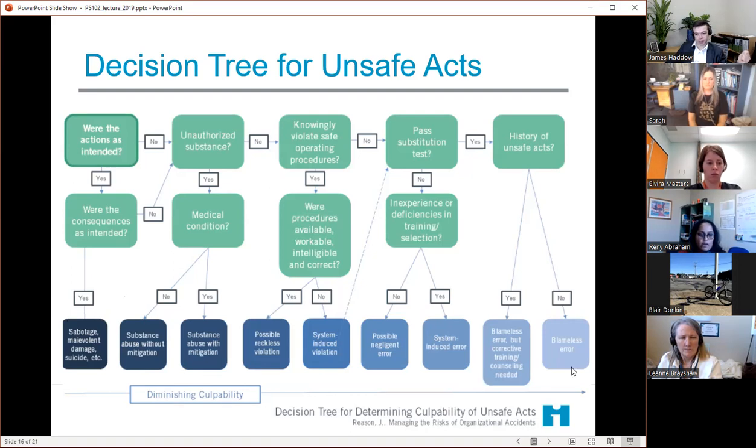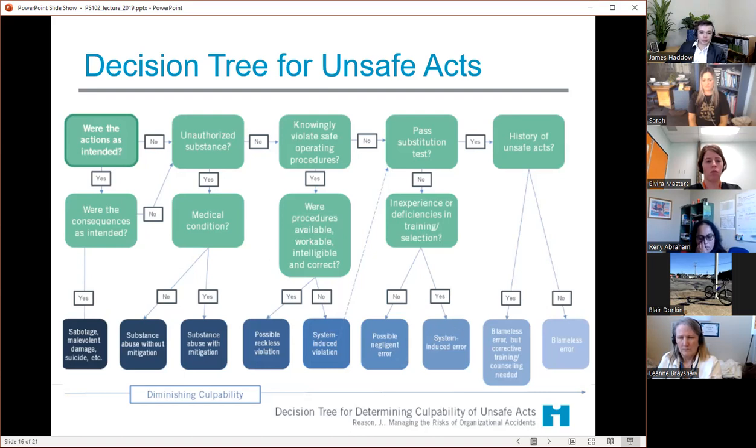And then on the right-hand side, we've got blameless error. Nobody did anything wrong. And then there's everything in between. There's substance abuse without mitigation, substance abuse with mitigation, possible reckless violation, system-induced violation, possible negligent error, system-induced error.